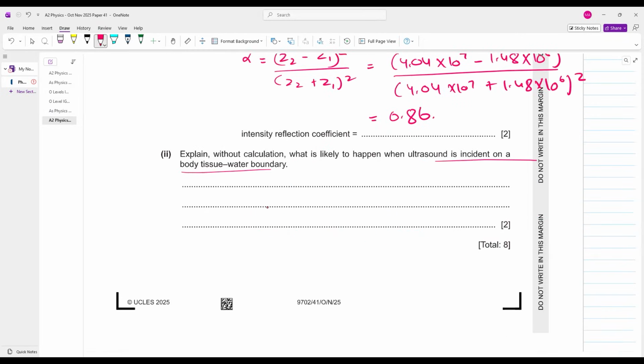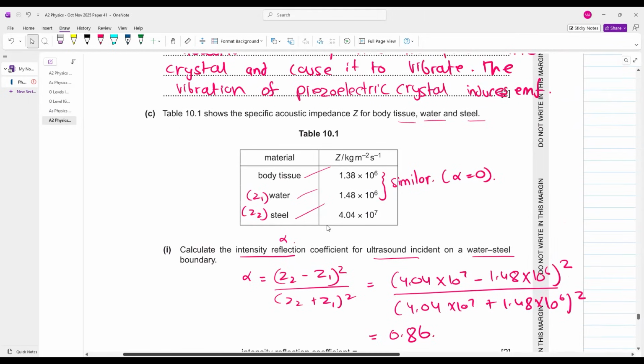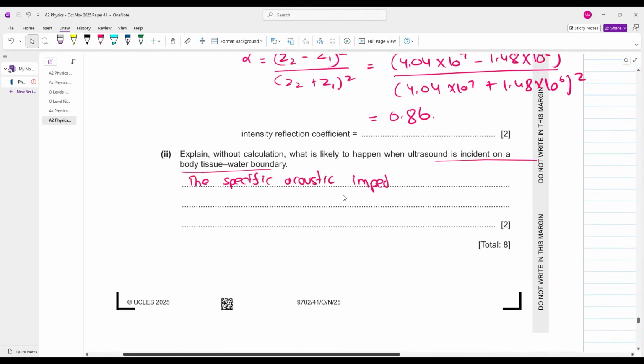You can say the specific acoustic impedance values, look at the values for both of them. The specific acoustic impedance for both body tissue and water are similar.